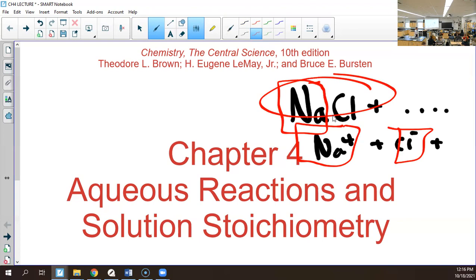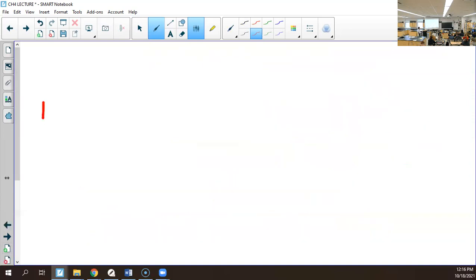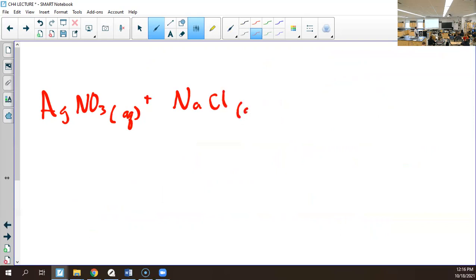But some good news is a lot of the answers are the same values, and those are reasonable, and hopefully we'll get through it. Okay, and then solution stoichiometry, that just means math. So don't write this down, but you'd have something like AgNO3 (aq) plus, we'll just say NaCl (aq), and then an arrow.